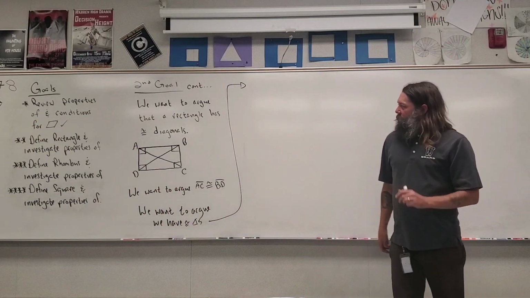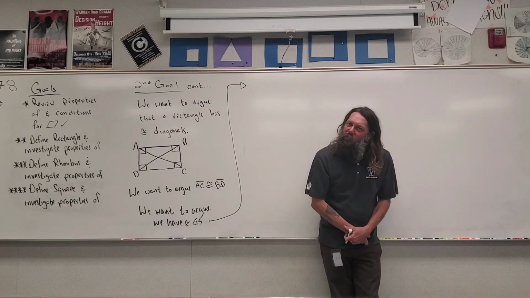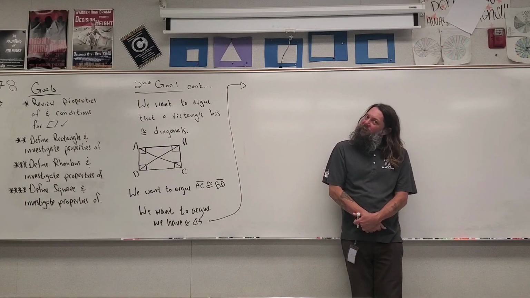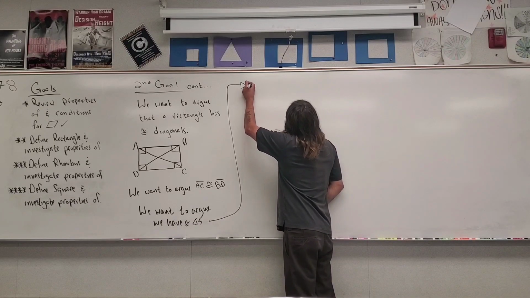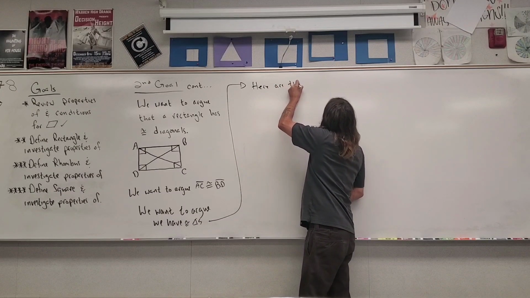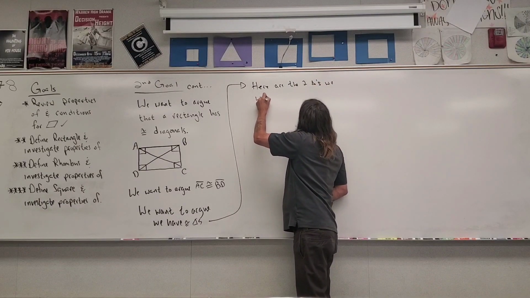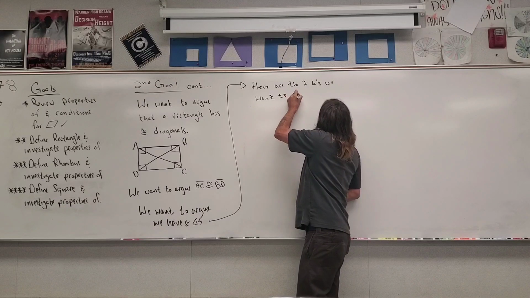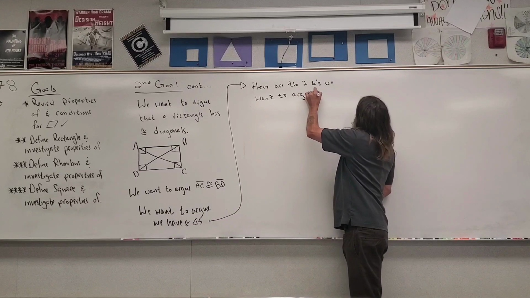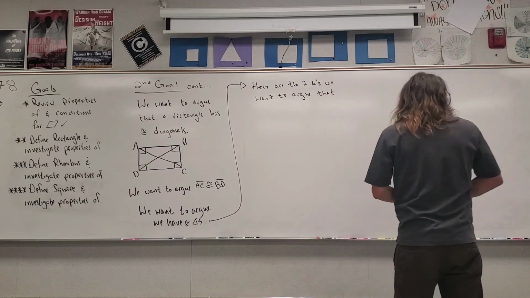So let's first draw the two triangles separate from the picture, so it's a little bit easier to see. Here are the two triangles we want to argue are congruent.